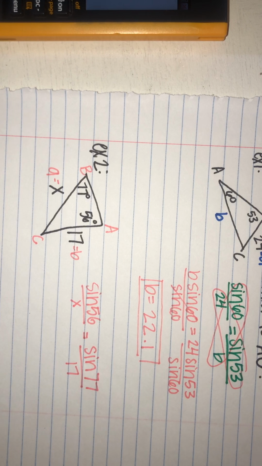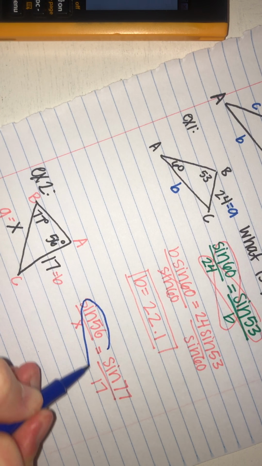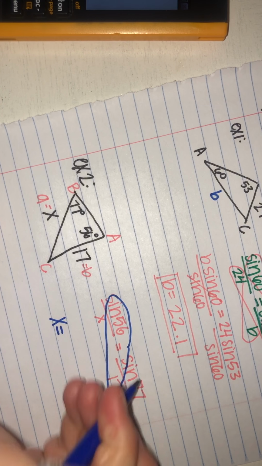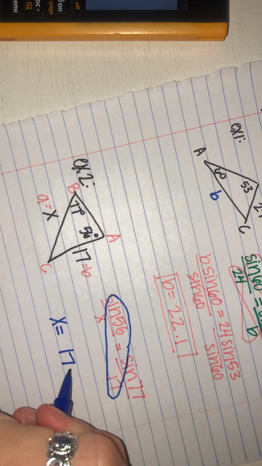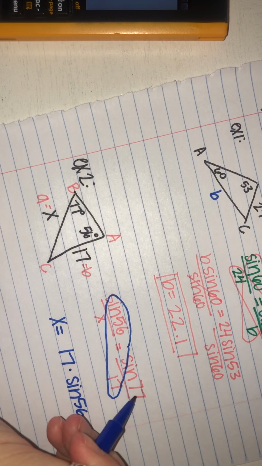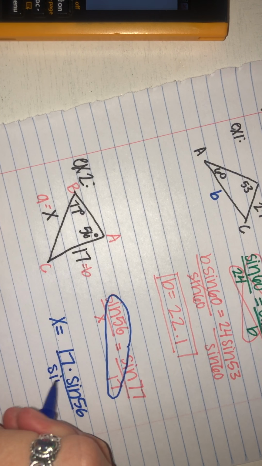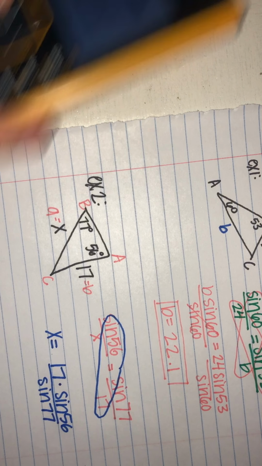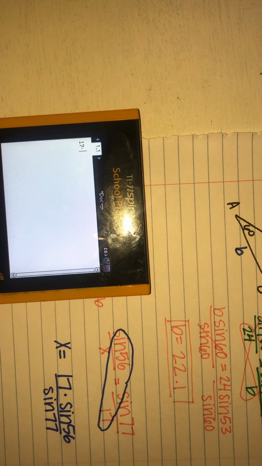And then we are cross multiplying and dividing. So x will be equal to 17 times sine of 56, cross multiply, divide. So we are going to do 17 times sine of 56 divided by sine of 77.